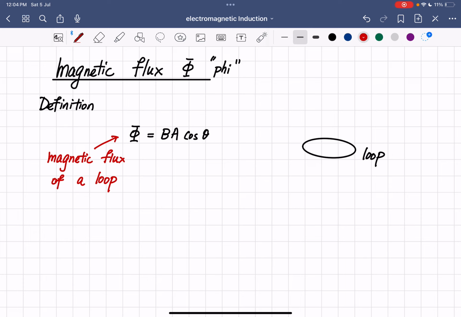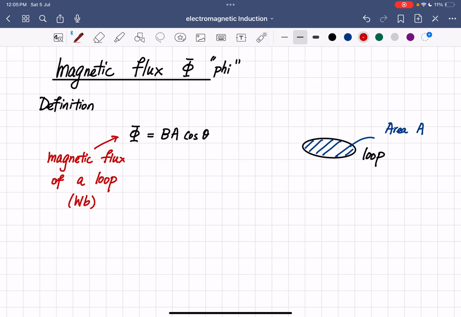The unit of the magnetic flux is the Weber, with a capital W and lowercase b. According to the definition, it should be the magnetic field strength multiplied by A. And when you talk about a loop, you can already guess the area, which is the area A of the loop.